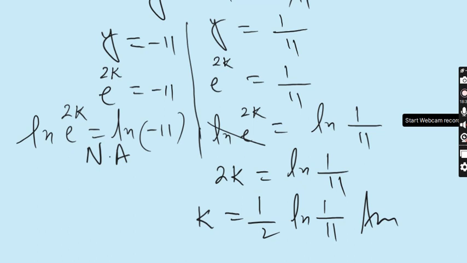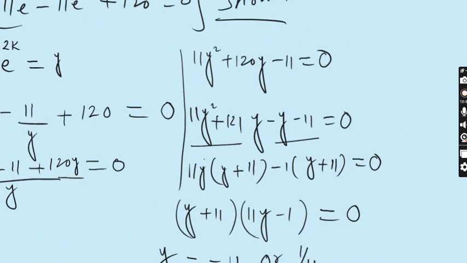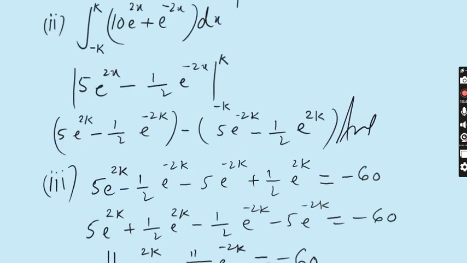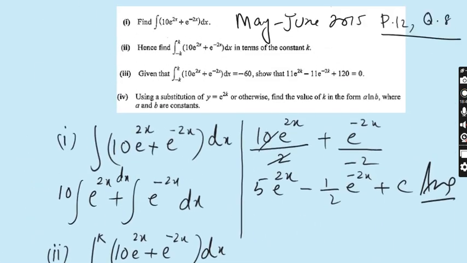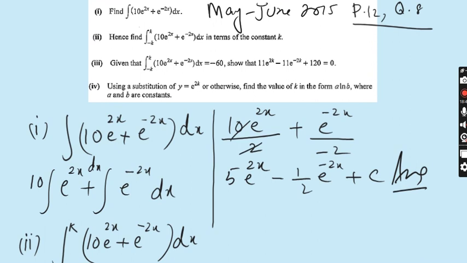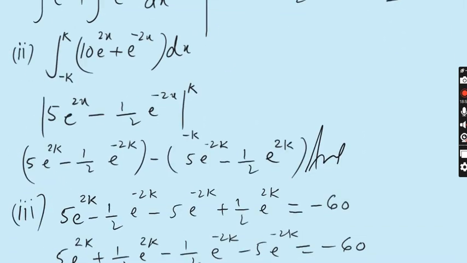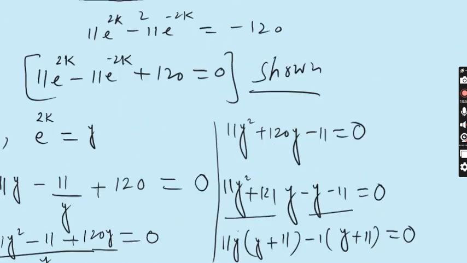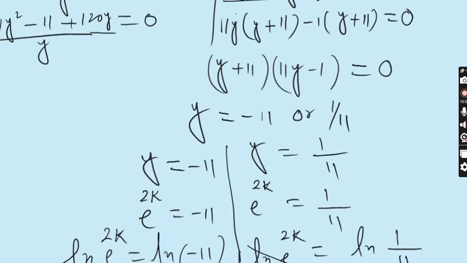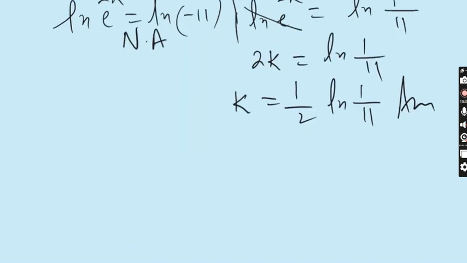This is our answer. See the requirement of part 4 again. This question was a little bit lengthy. Find the value of k in the form of a ln b, where a and b are constants.